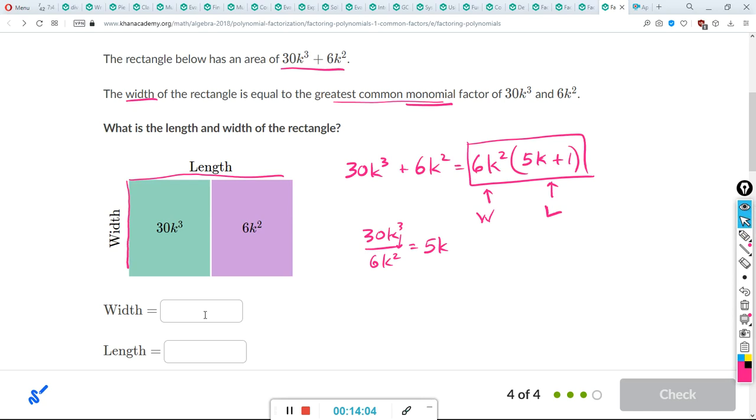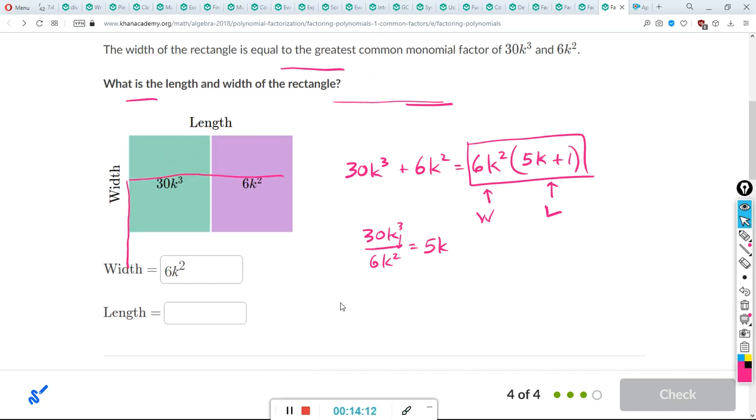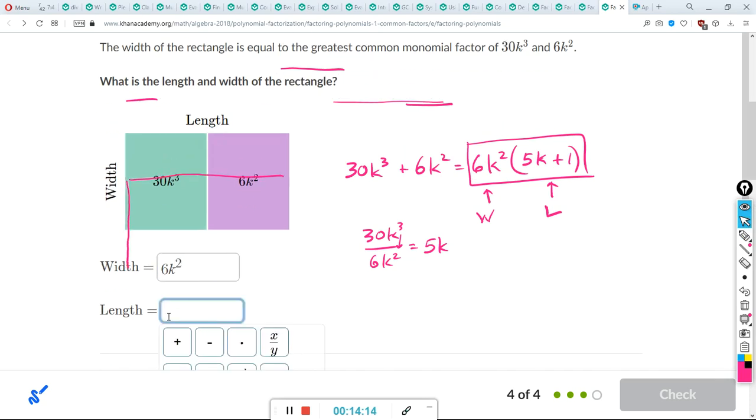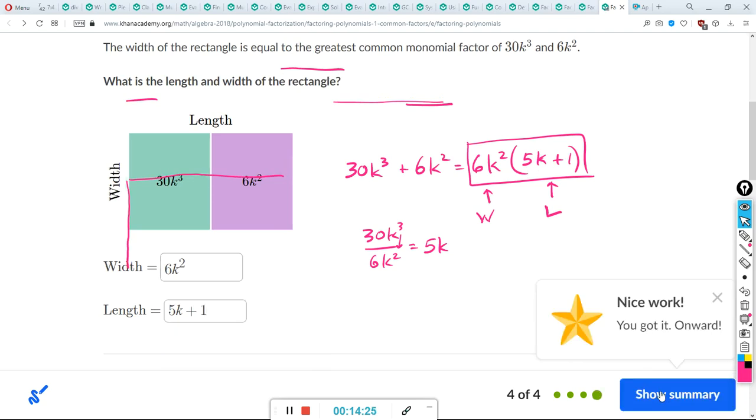For width, I'm going to type 6k squared. Click outside the box and then click in the other box. And for the length, 5k plus 1. Alright, so that's basically it.